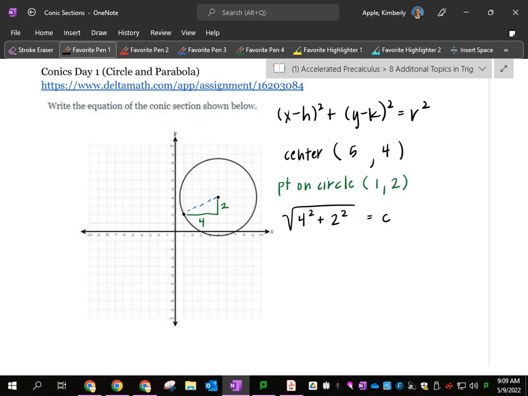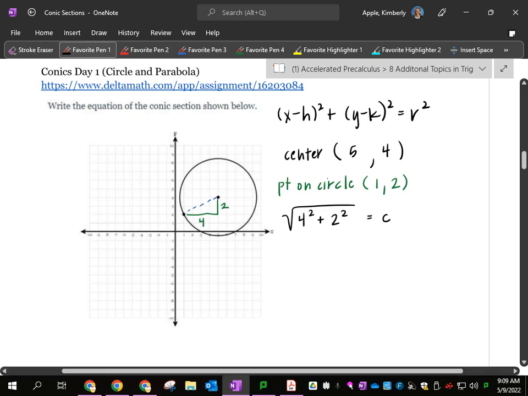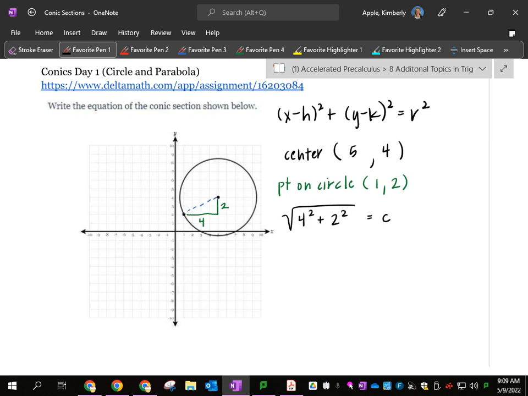You could just eyeball it, but you're not going to get it if the points are in between like that. So that'd be 4 squared plus 2 squared, which is 2 root 5, approximately 4.47.